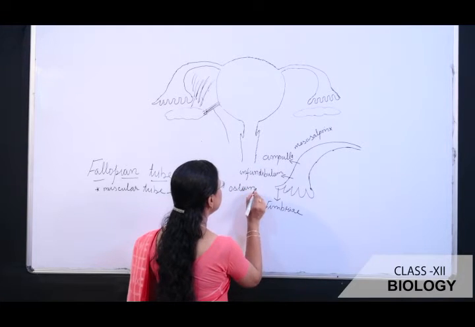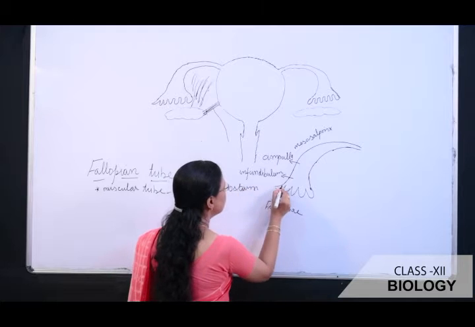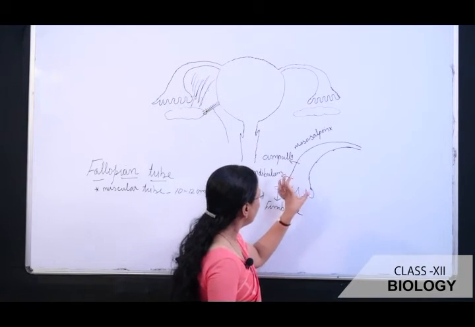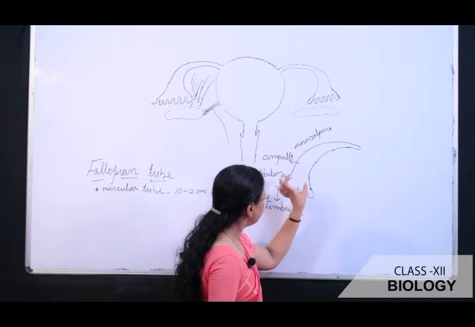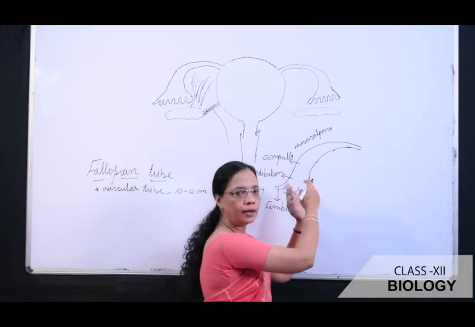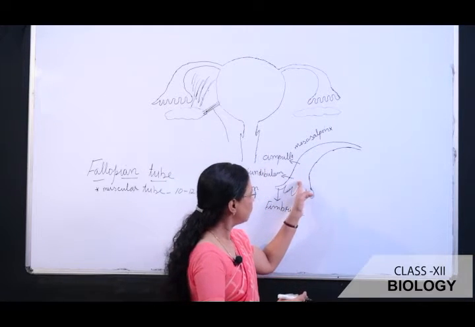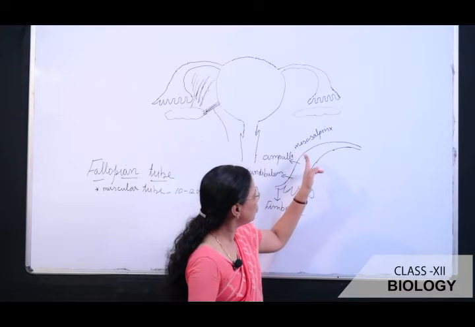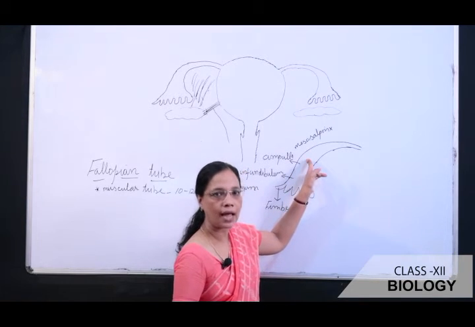So here you can see the ostium. Here the hair-like structure beats the egg towards the funnel-shaped infundibulum, and then it transports it towards the wider region, that is the ampulla.